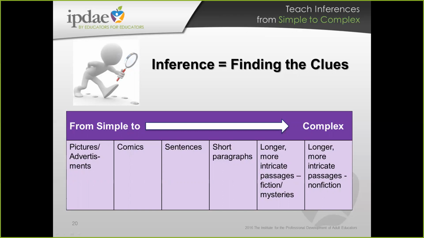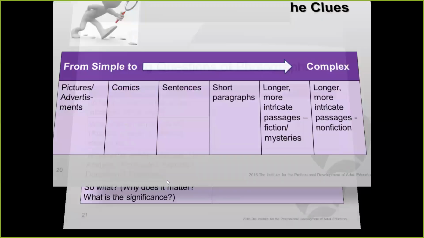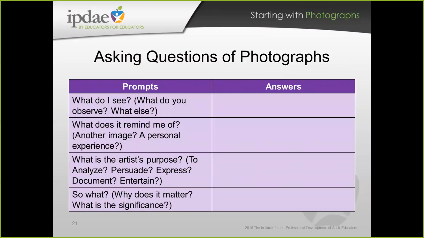So what we're going to do today is give you some strategies, and Susan and I are together going to work from the simple to the complex. And what we're going to start out with is asking questions. It should be something very natural to each and every one of us as an instructor, that as students look at photographs or comics, or as they read text, we ask them certain questions and make it natural, so that as they're reading, they're asking themselves the same questions.